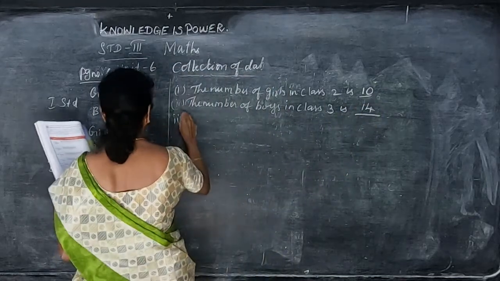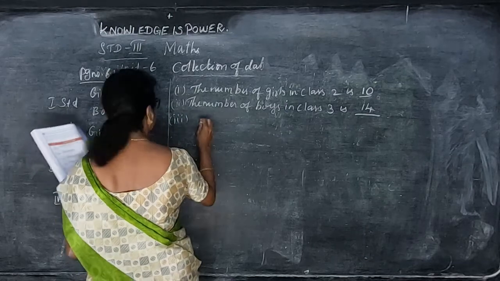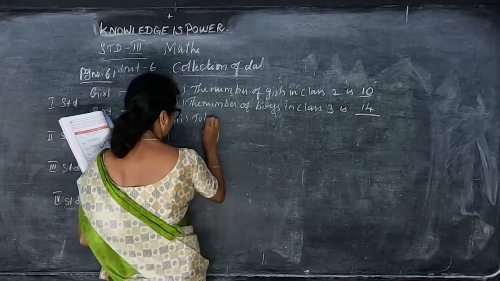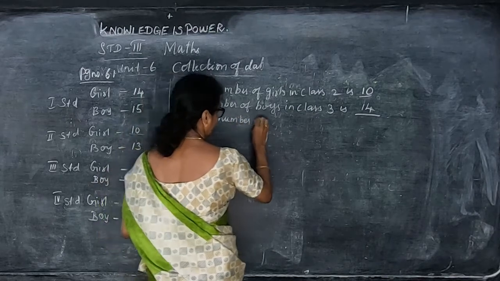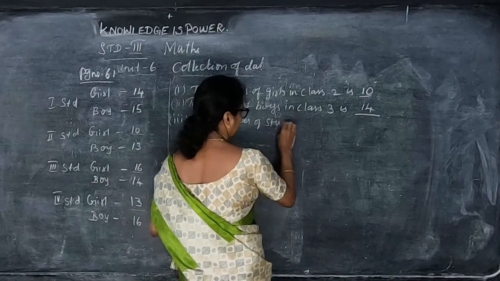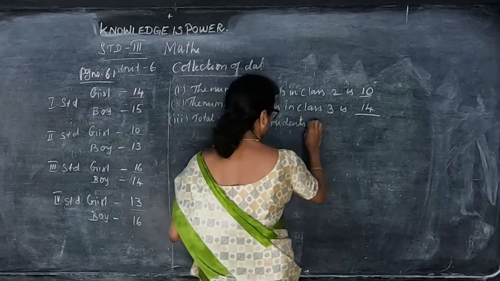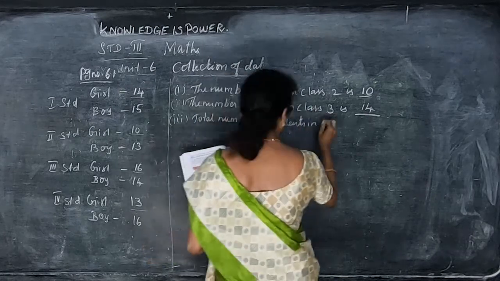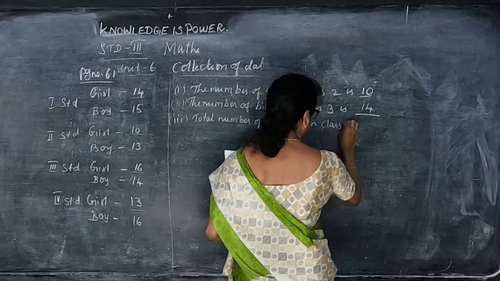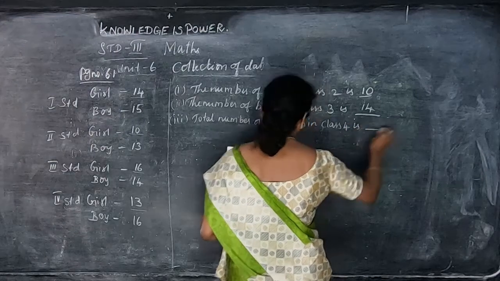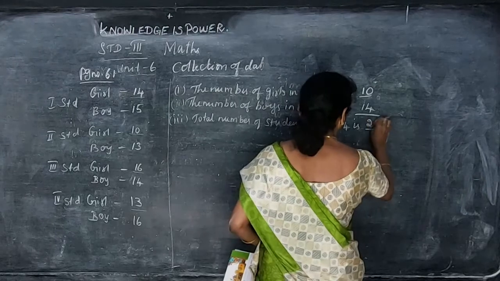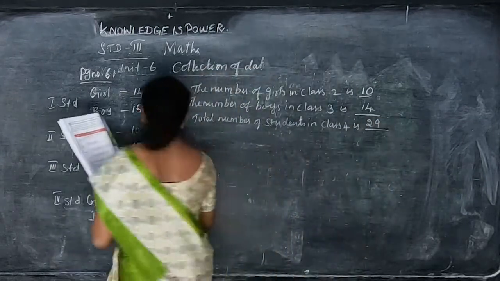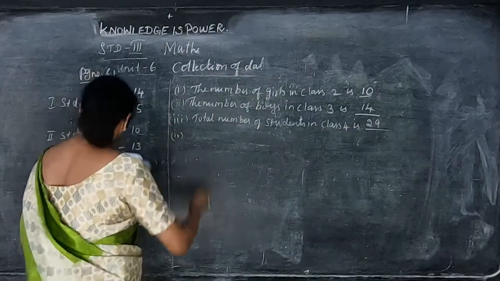Then the third one, total number of students in class 4. So how many students in class 4? 13 plus 16, 29.